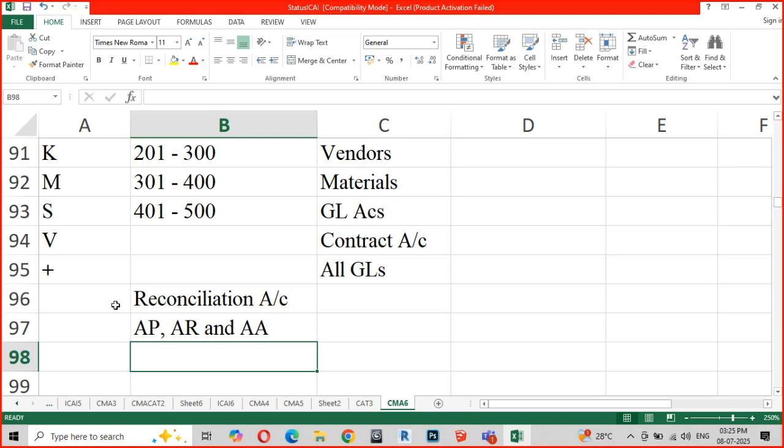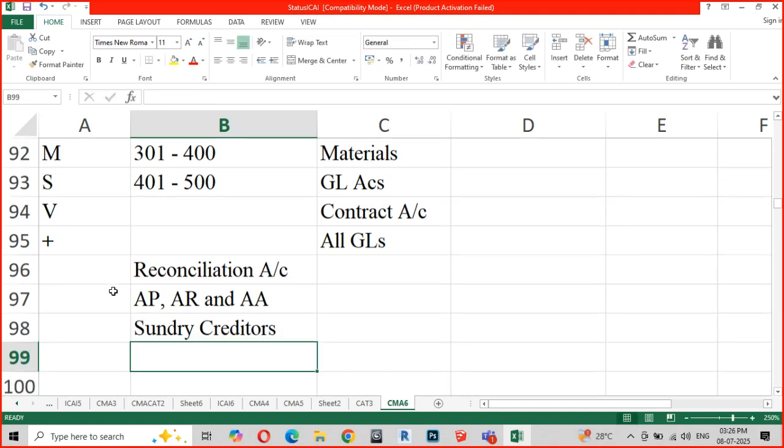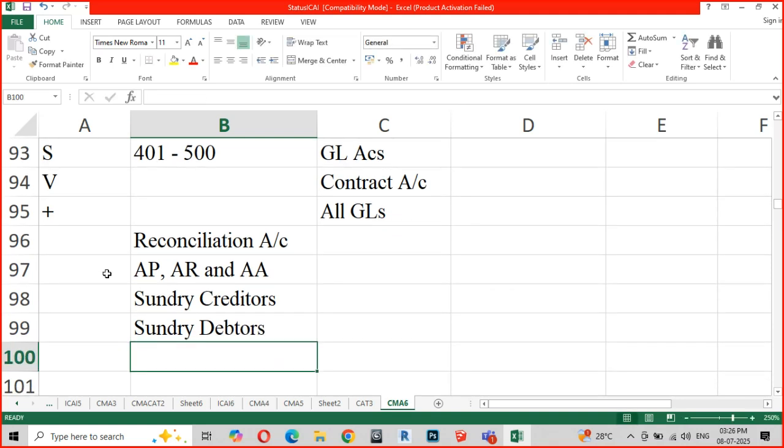Now, how does the meaning change? Now, in SAP, you are generating your balance sheet, correct? How do you get the figure for your sundry creditors or your sundry debtors?